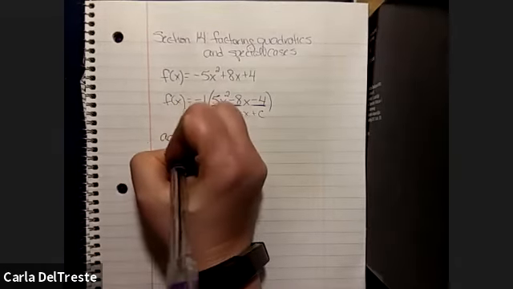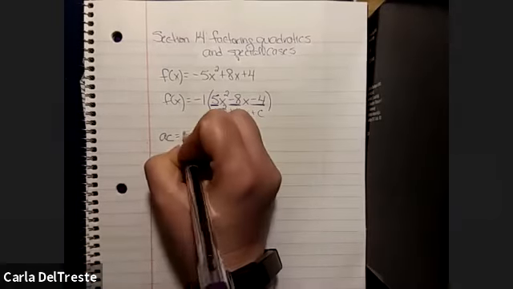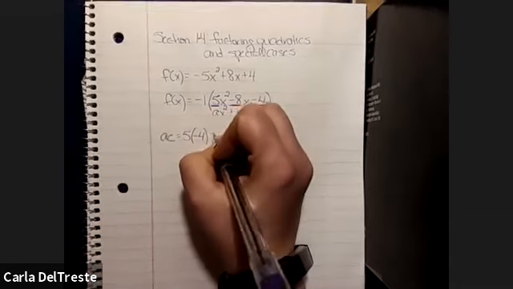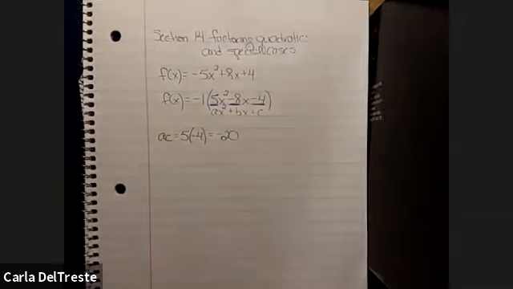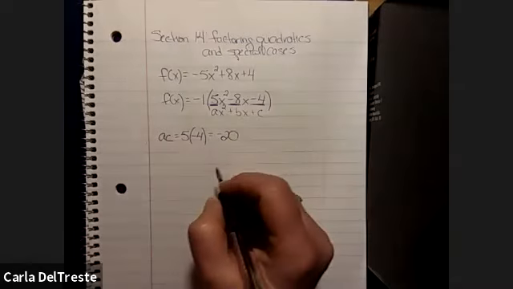Step number 2 is to multiply a times c. A is 5, c is -4, and when we multiply them together, we get -20. The question that we ask ourselves is what multiplies to give us -20, but adds to give us -8.